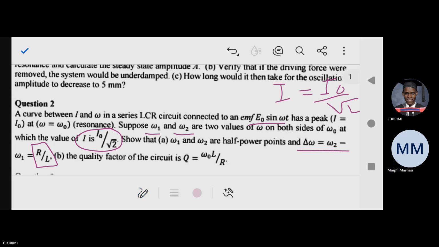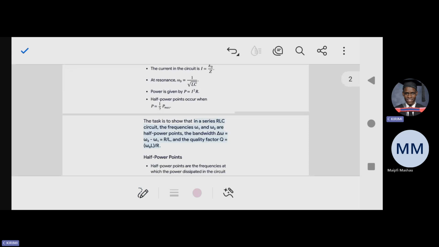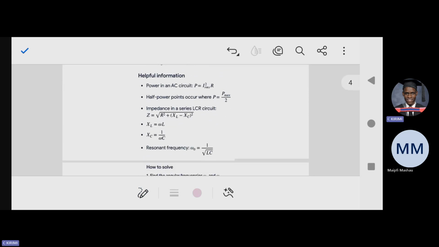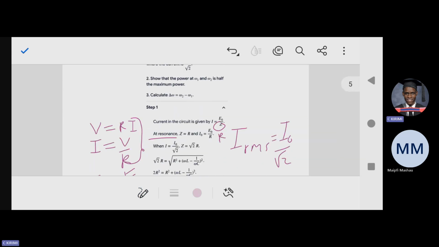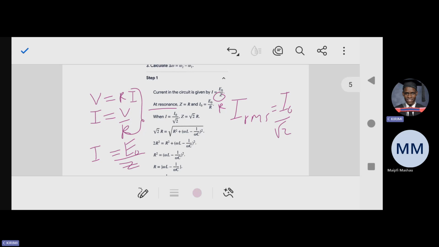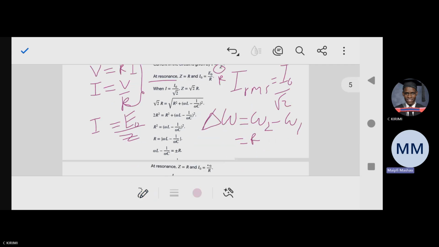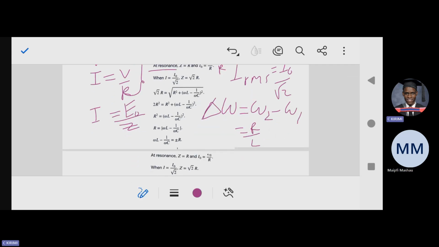So what I just wanted to say here is starting from there. This is the introductory concept when you are solving it for the second part, where we are proving that, remember our aim was to show that the change in omega is the same as omega 2 minus omega 1, which is the same as R over L. That's where we are going.